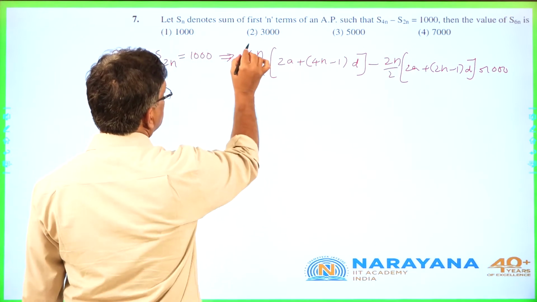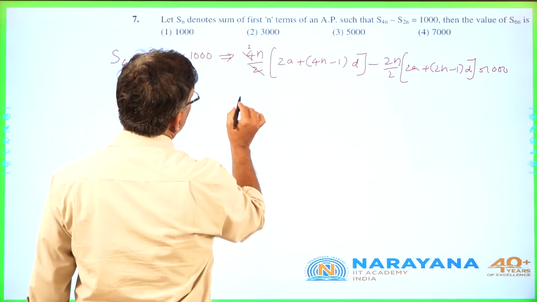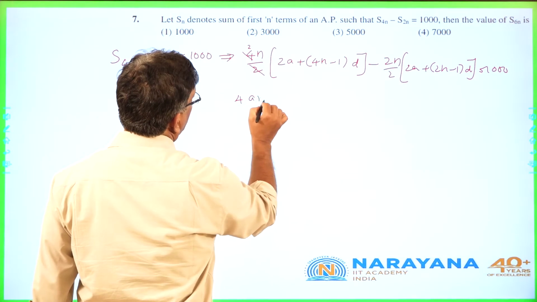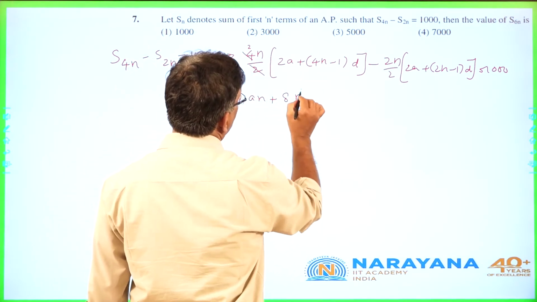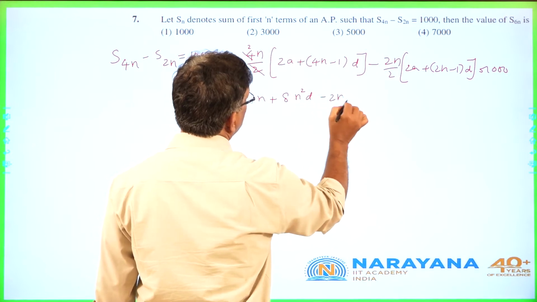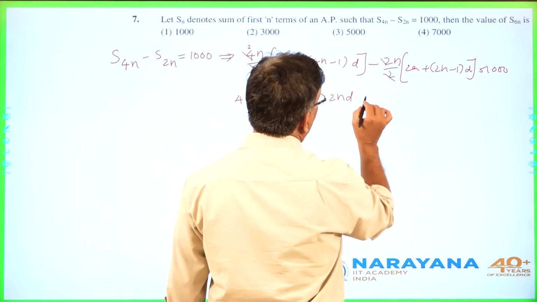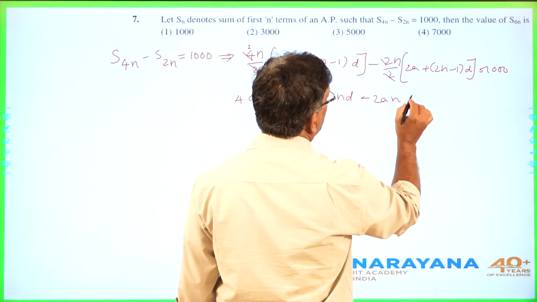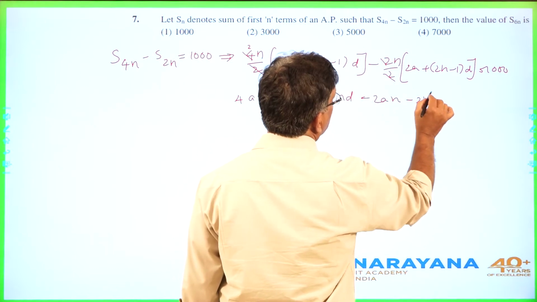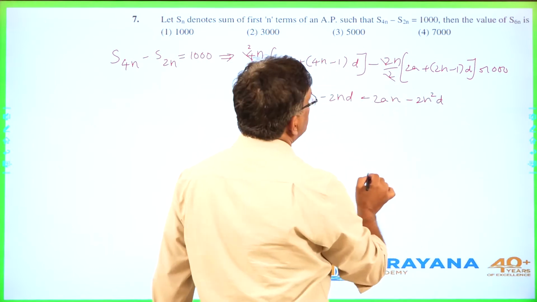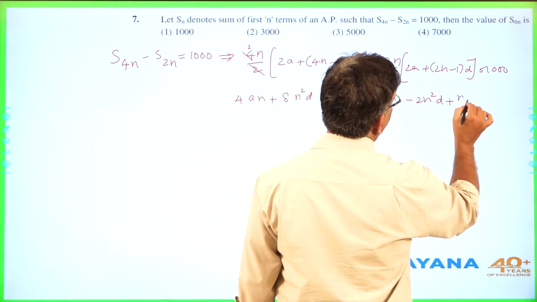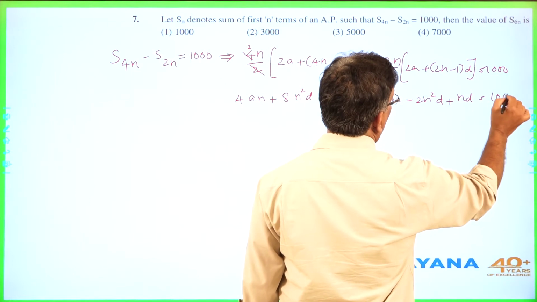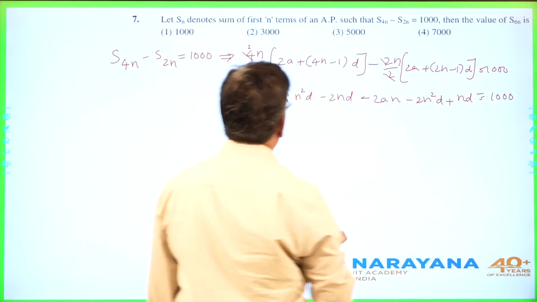So this is 2 into 2, 4an plus 2 into 4, 8n square d minus 2nd. Here minus 2an minus 2n square d, right, and minus of minus plus, it is nd is equal to 1000, right?